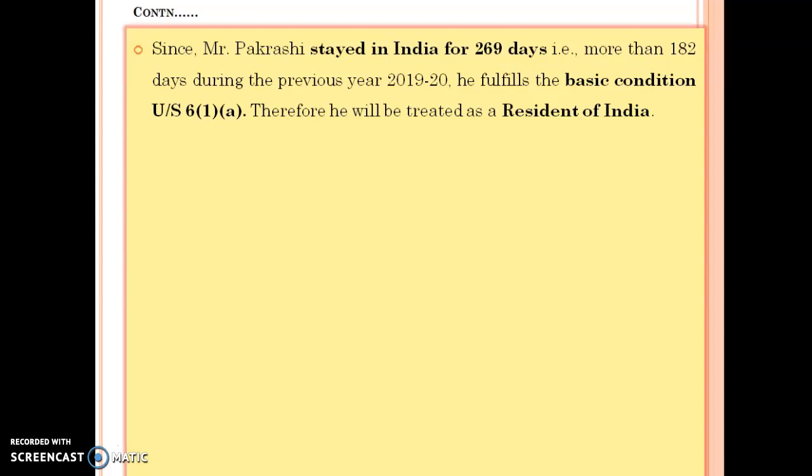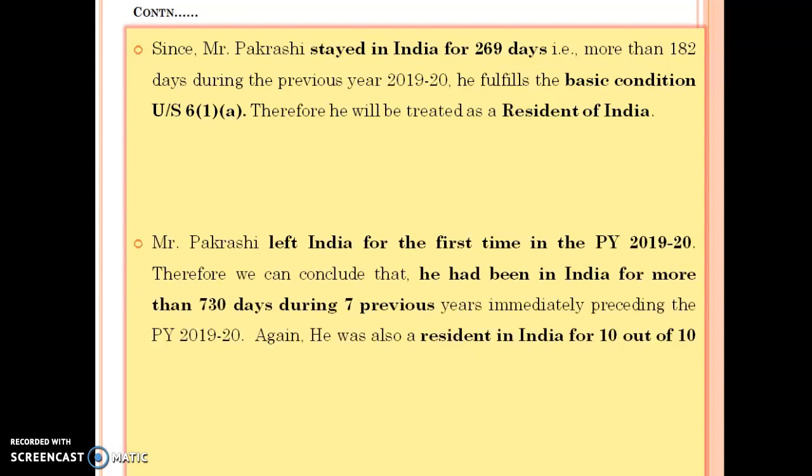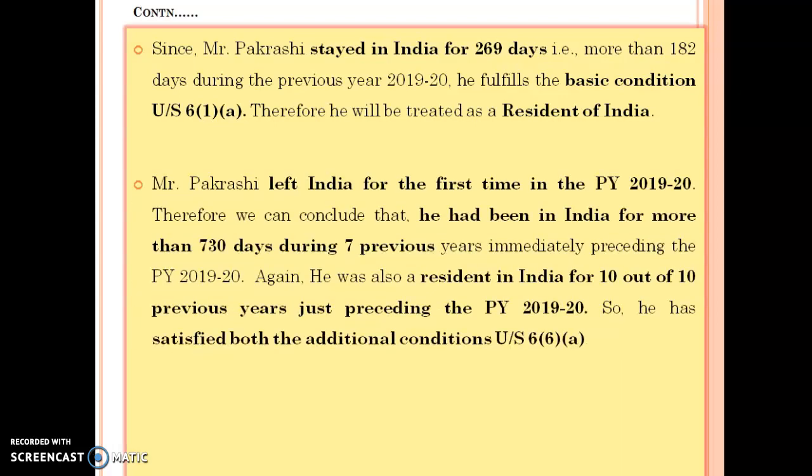And we know that to determine that, we have to find out whether Mr. Pakrasi fulfills two other additional conditions under section 6(6). The other two additional conditions are that he has to be in India for at least 730 days or more during the 7 previous years immediately preceding the previous year 2019-20.